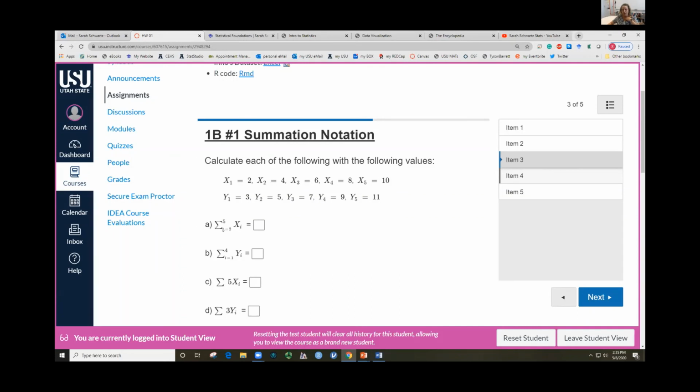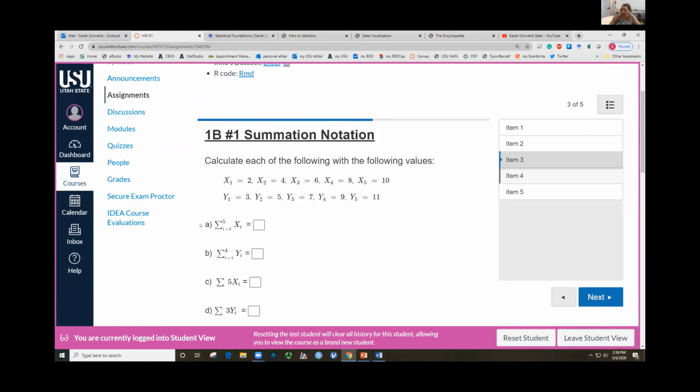So for this first one, we're adding up the x numbers, the second, third, fourth, and fifth numbers in the list of x. Do we just know which ones we're adding by what the problem is asking for? Yes, this has to tell you. On part A, notice the sigma has i equals 2 to 5.